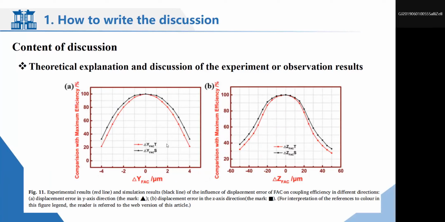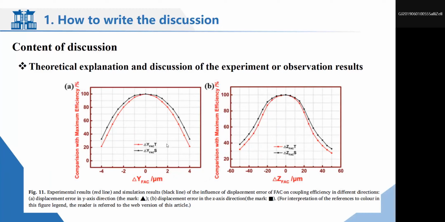And also when you look at B, you realize that the ZFAC micrometer is close to the 50% mark, that should be between minus 50 and 50 micrometer.